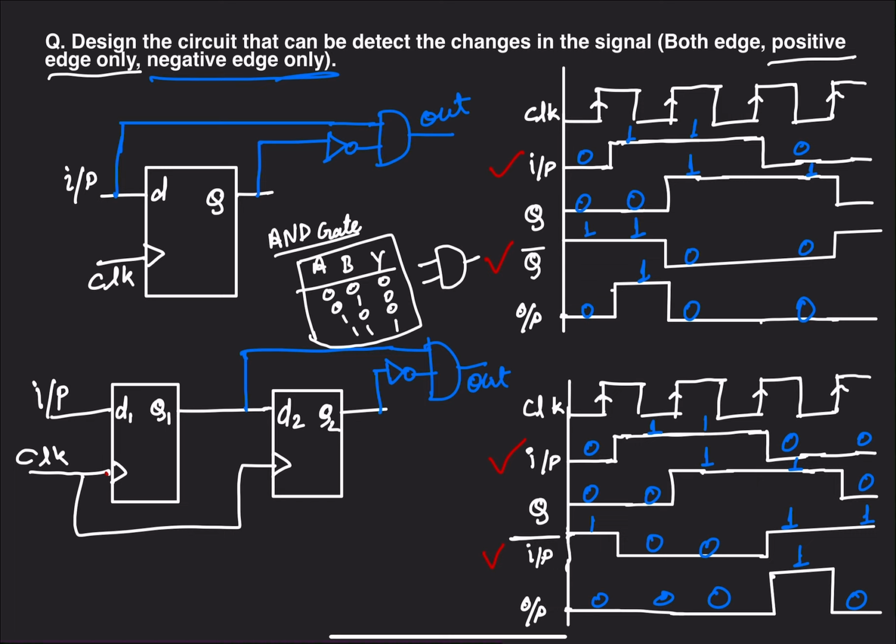In the previous case we inverted the q, you can see q to q bar. In this case the input should be inverted to input bar. So for that we only change the inverter position.